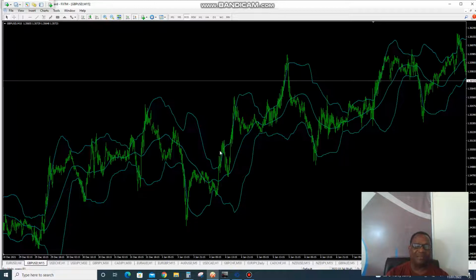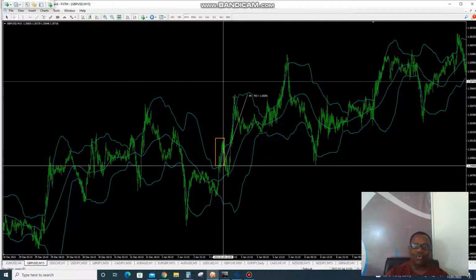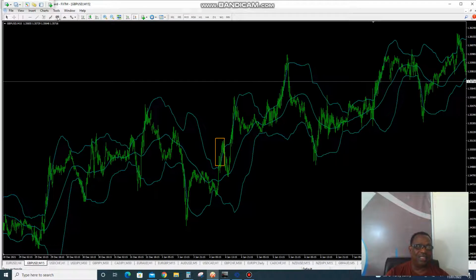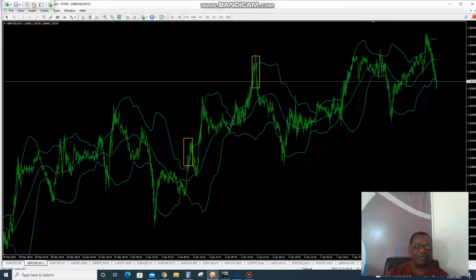So there is a breakout here. At this point you have a breakout, and the market moves from here to this point, came back down, then breaks out here again. So you could see these are two different areas where the Bollinger Band breaks out.